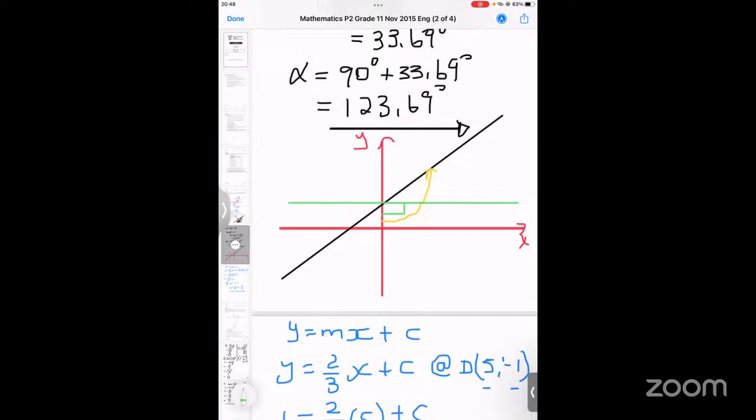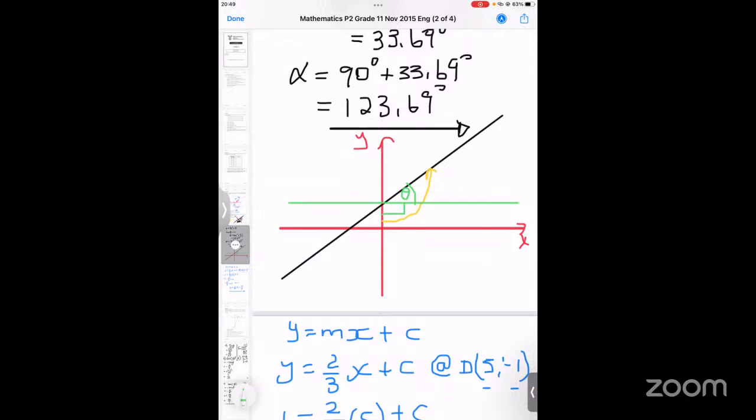And then there will be this extra angle, which I refer to as theta. You can call it beta or whatever you like. So what I'm saying is that the angle in yellow is 90 plus theta. And that theta represents the angle of inclination. Did you attend a lesson where we talked about the angle of inclination?